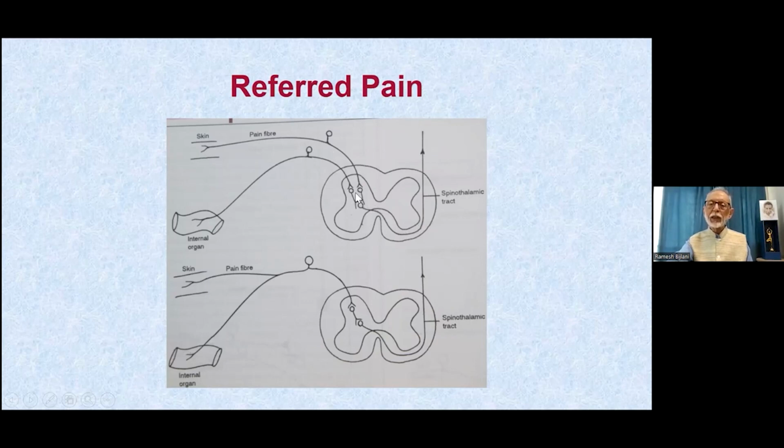So the pain gets referred to a part of the body which has the same nerve roots as the area of the skin. So the area of the skin conveys information through the same type of nerve roots as the internal organ. If the internal organ sends a painful message, it is interpreted as if it is coming from the skin. So this is what referred pain is.